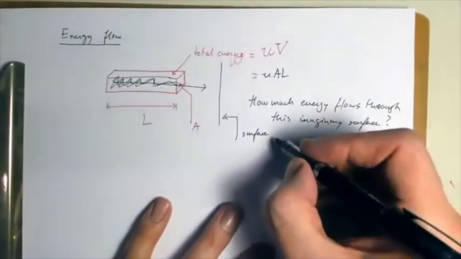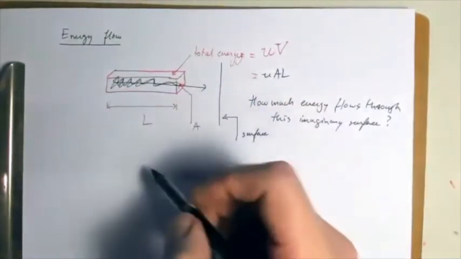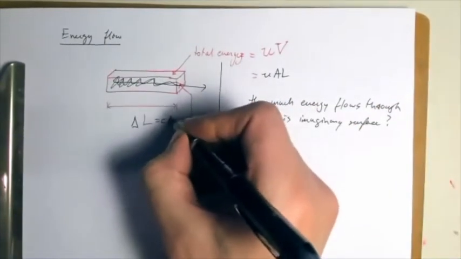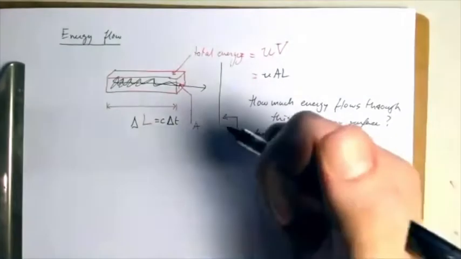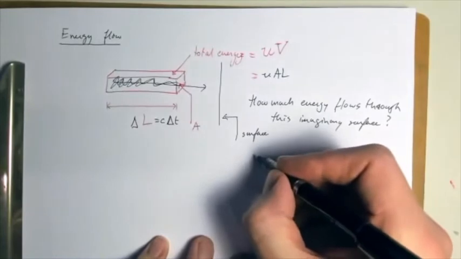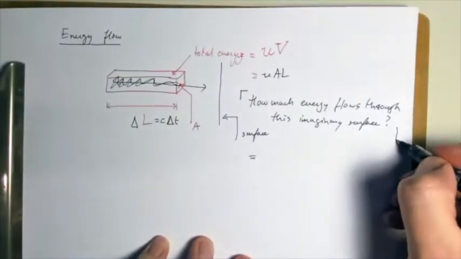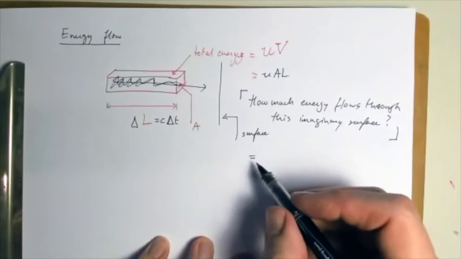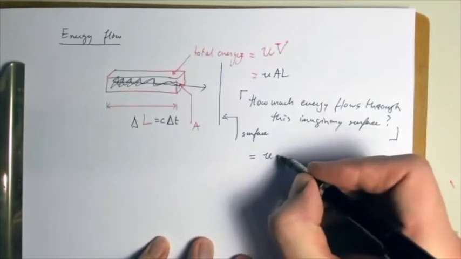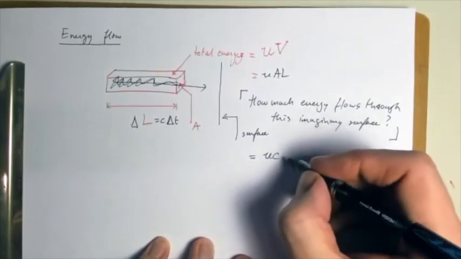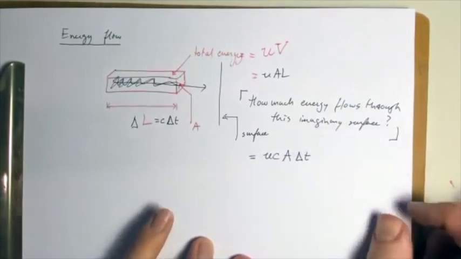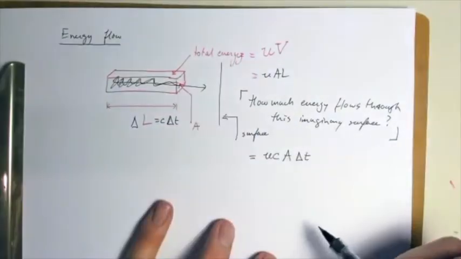Well, let's say that this size is given by some C times delta T. So we start a stopwatch. We say, okay, now tell me how much we got. Then the total energy is going to be u times C times A times delta T. All right, so that's the total energy.